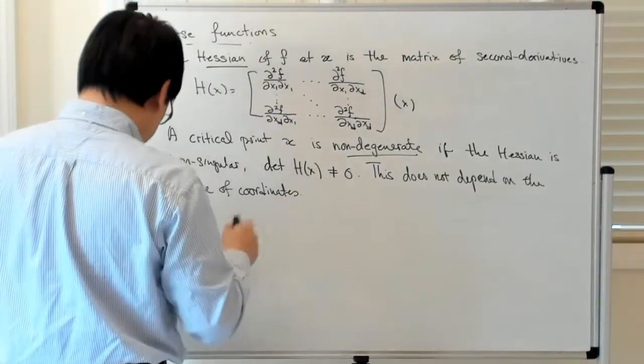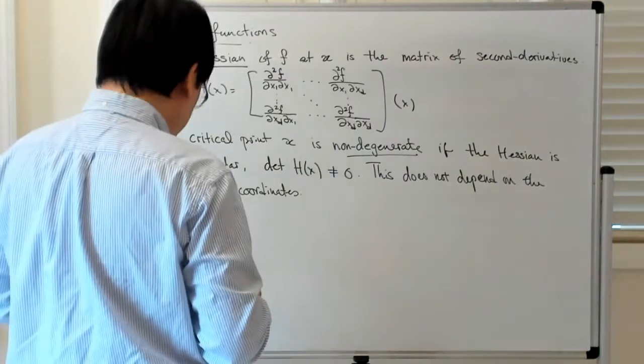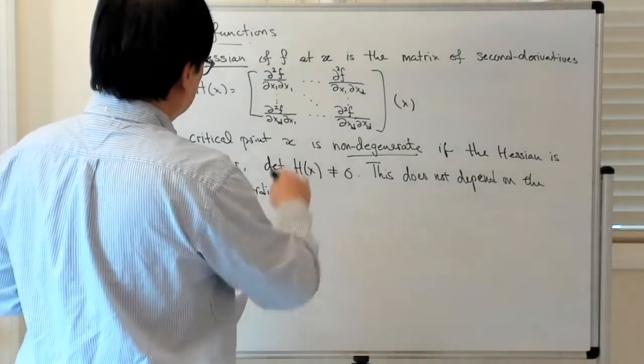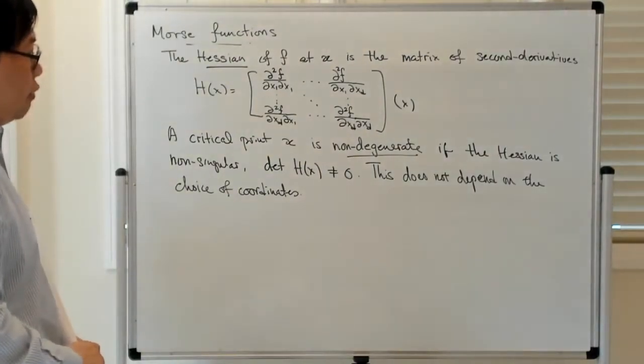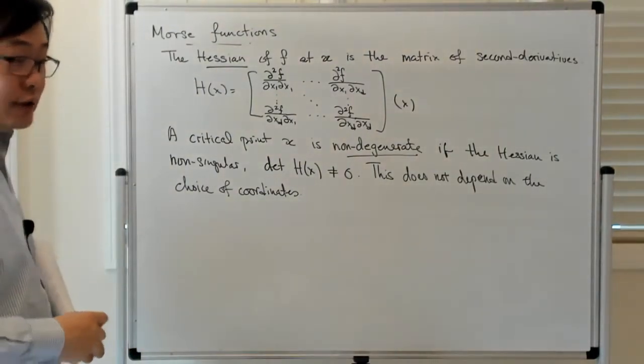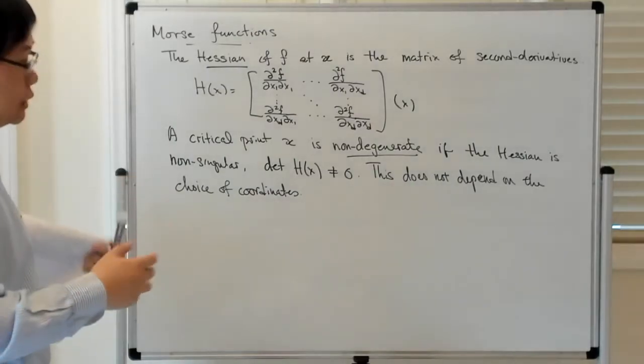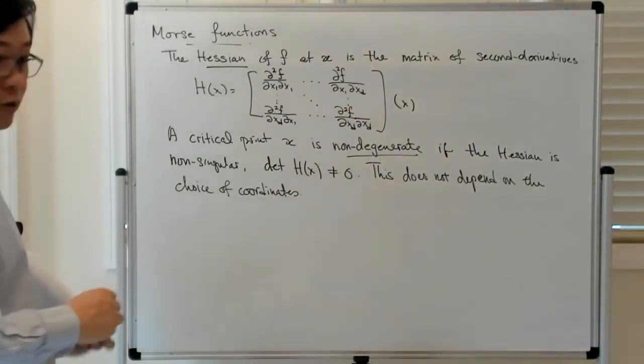So now, with this notion of non-degeneracy, we can say a little bit about what we want these nice functions on manifolds to be, and this leads to the idea of Morse functions, which we'll talk about in a little bit.